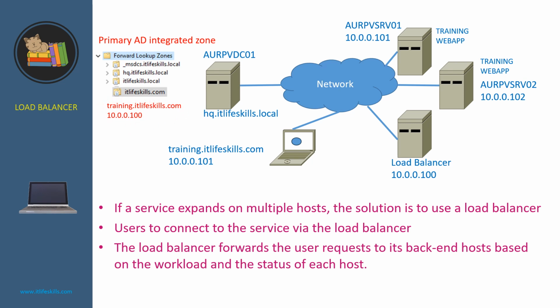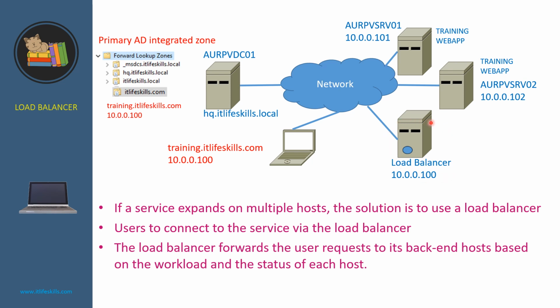chaining.itlifeskills.com to point to the load balancer. Now, when the client queries the DNS server, instead of getting the IP address of server 1, it will get the IP address of the load balancer, and it will access the chaining web app by sending the request to the load balancer.